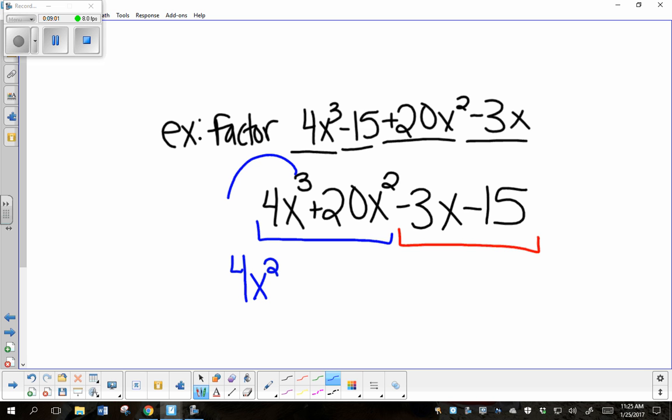Remember, I'm pulling this out and putting it in front here. Then I write what I want to be in those parentheses so that if I distributed, I would get back to what I started with. So 4x squared, if I want to get 4x to the 3, I just need another x. And if I want to get 4x squared to equal 20x squared, I just need to multiply it by 5, so plus 5.